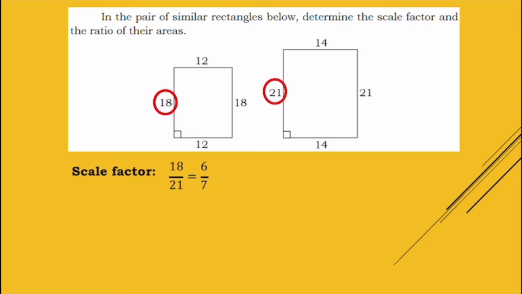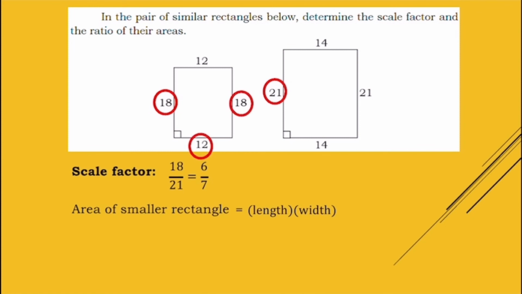Now, let's proceed to the area of the smaller rectangle. Again, to get the area of a rectangle, we need to multiply the length and width. The length and width here are 18 and 12 respectively. So 18 times 12 is equal to 216.